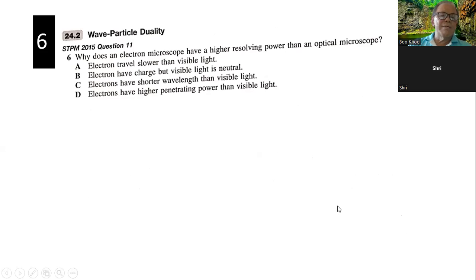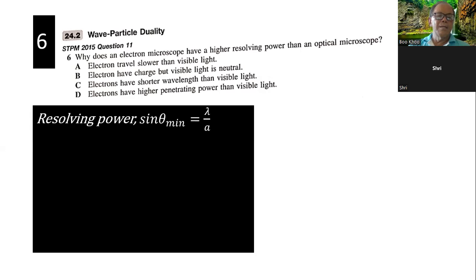Why does an electron microscope have a higher resolving power than optical microscope? D. Right? Know your formula for resolving power. So it depends on aperture or wavelength. So wavelength smaller, resolving power is better. Right? So D is wrong. A is false.